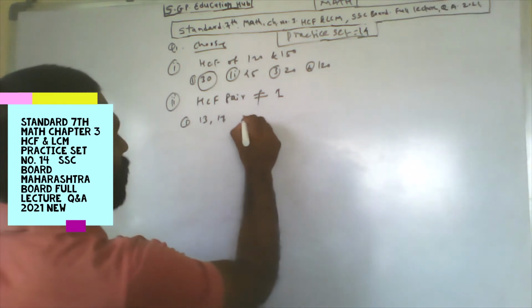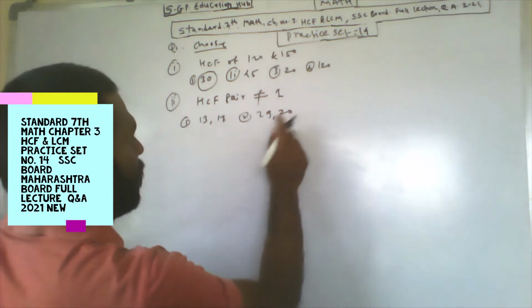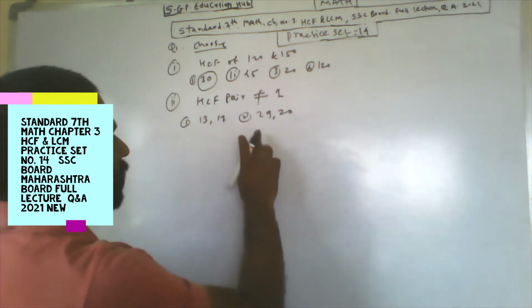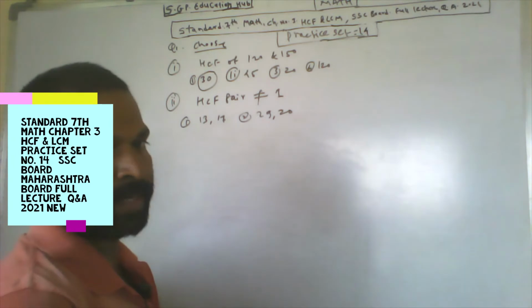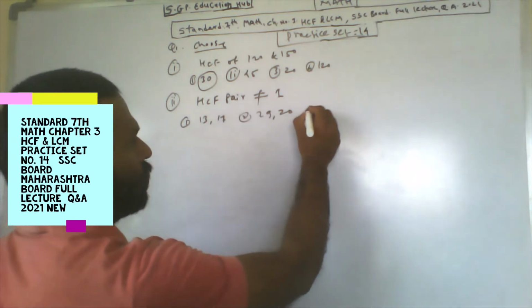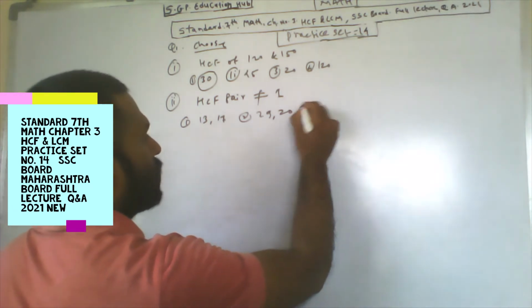This is not the answer, because 13 and 17 are both prime numbers, so they have no common factor and their HCF is 1. Second is 29 and 20. 29 is a prime number, so this also has no common factors, so its HCF is 1. This is not the answer.